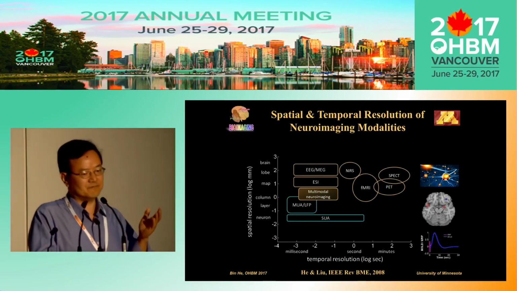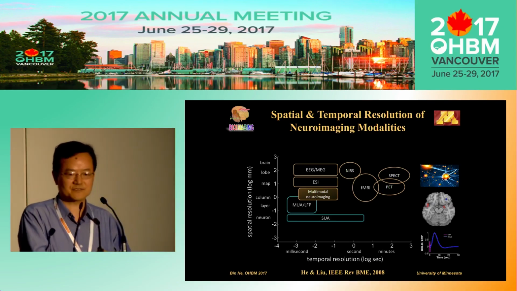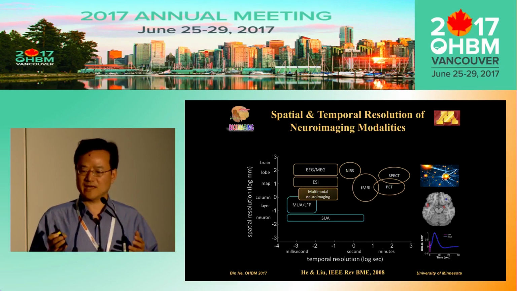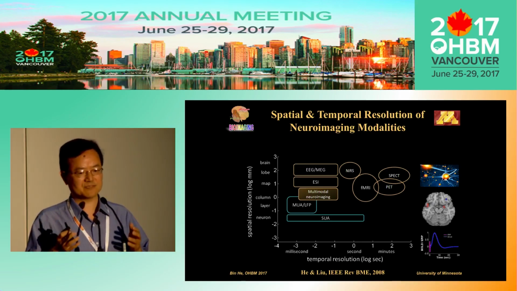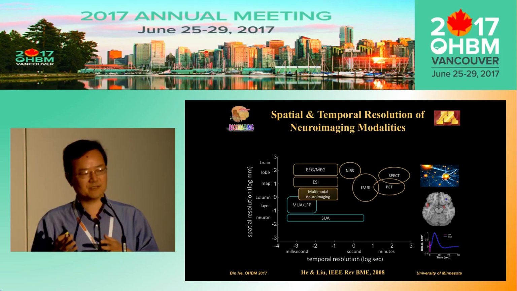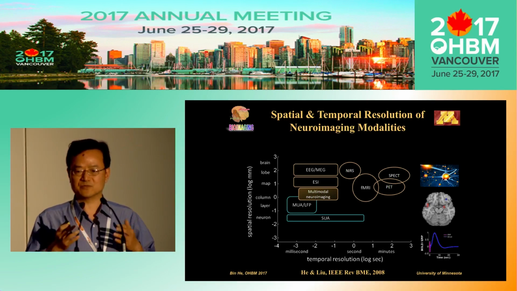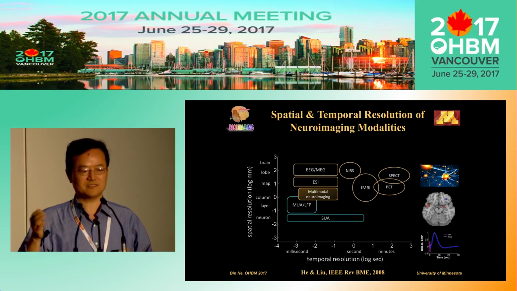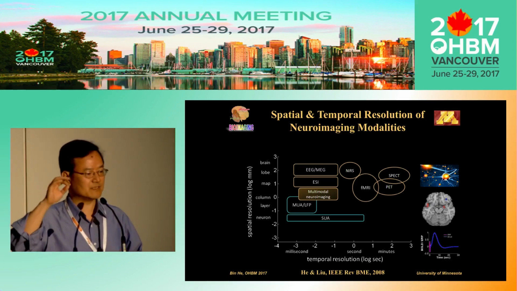This is a summary that probably many of you have seen in various review papers. This is just taken from one of the review papers I wrote several years ago. If you look at the hemodynamic or metabolic imaging modalities, which give you spatial resolution, as we just mentioned, the temporal side is not there yet. With EEG and MEG, if you don't solve the inverse problem, they do not give you the spatial resolution we would like, even though there are commercially available high-density EEG with 256 electrodes, and MEG devices that give you 300-plus channels.